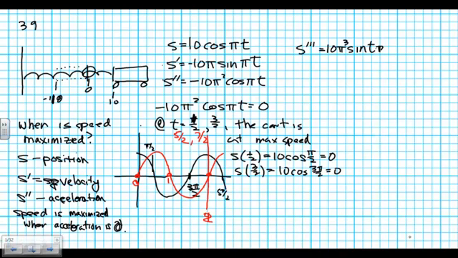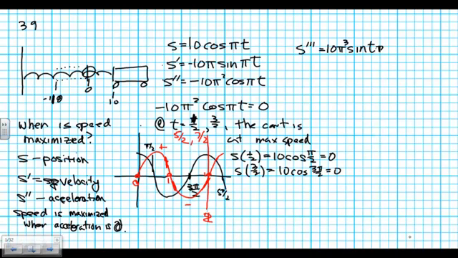And it seems to me when they're asking when's the acceleration maximum, that means the derivative of acceleration has to go from positive to negative. So we might even say that the acceleration is going to be largest when we go from the positive here to the negative there. That's not true over here where we go negative to positive. I guess this is probably where acceleration is being minimized.